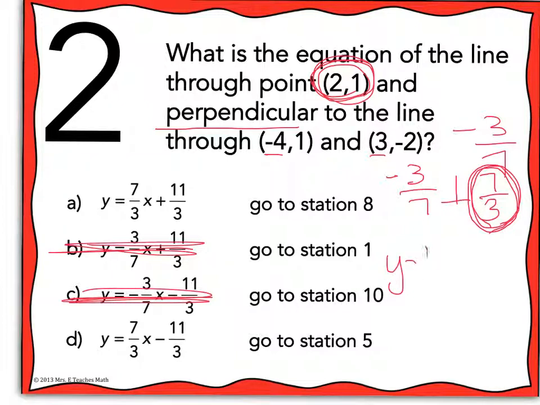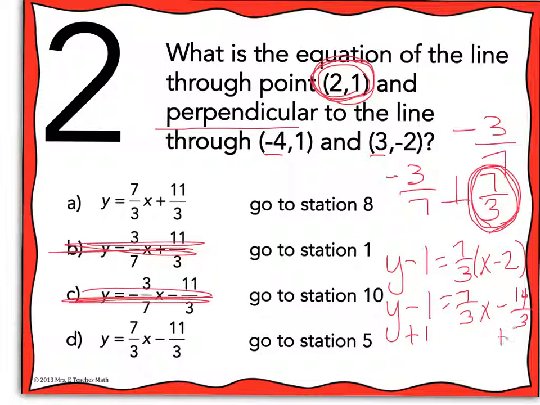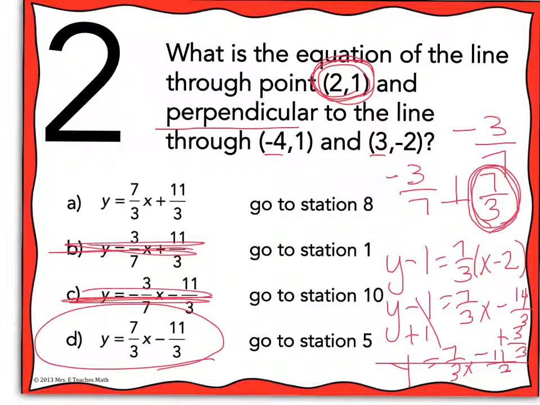So y minus 1 equals 7/3 times (x minus 2). Distribute and move the 1. So I can see that is going to be y equals 7/3 x minus 11/3. So I would want that one, D.